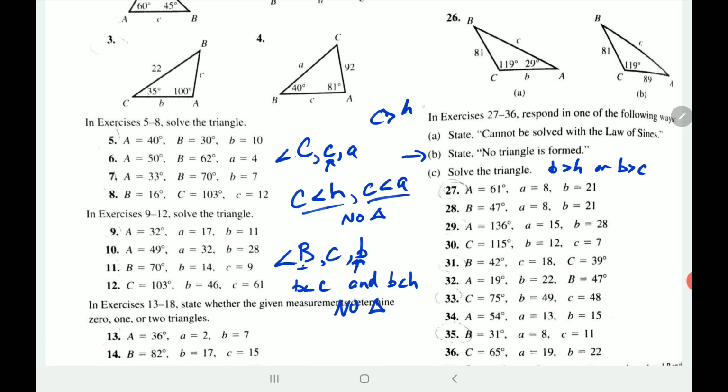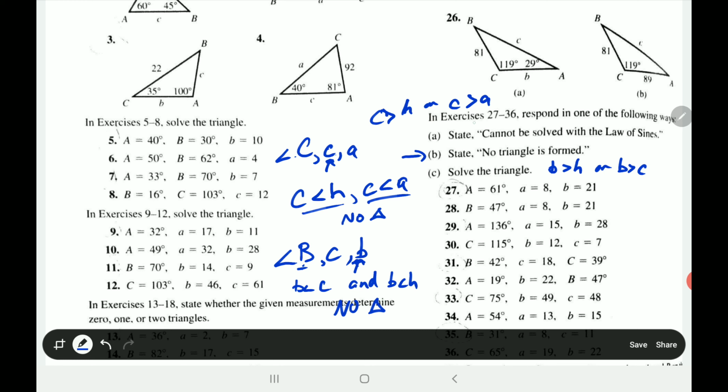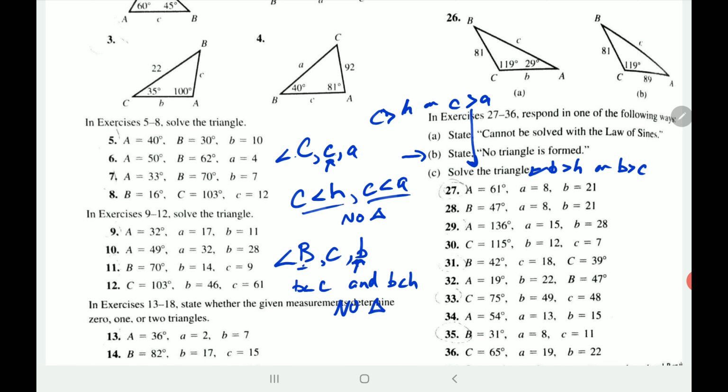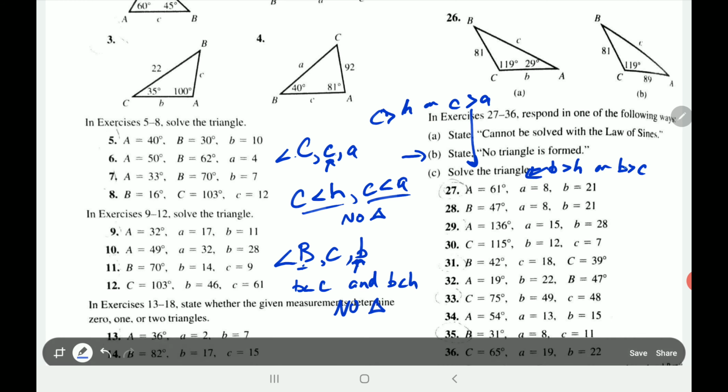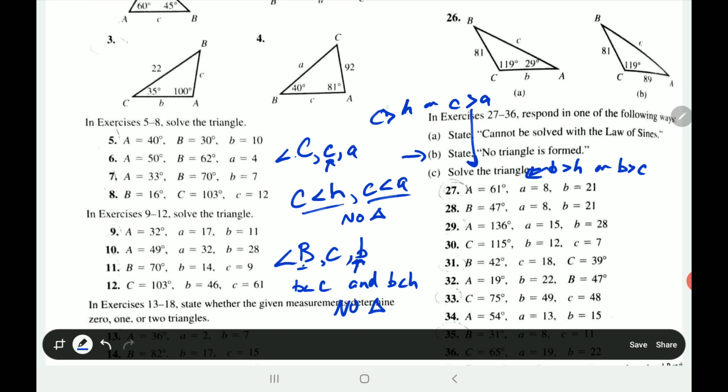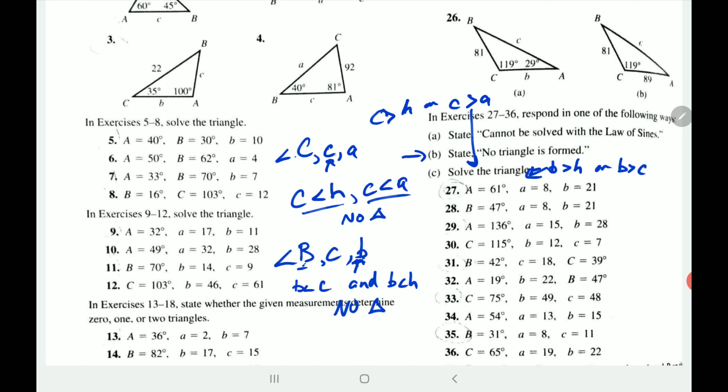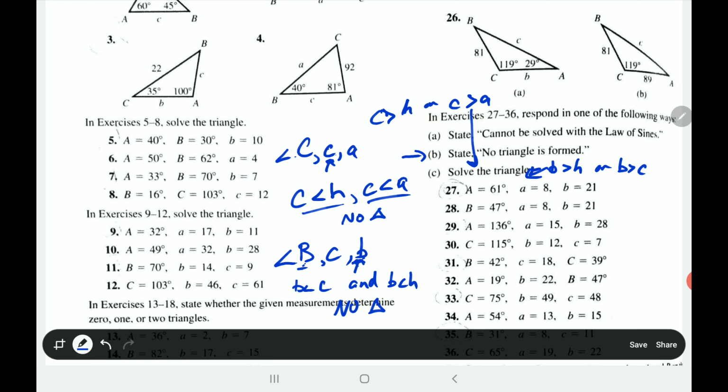Or C greater than A in this case, then solve the triangle. In those cases, if the side they give you that corresponds with the angle is greater than anything, then I'm good to go. And if I have 2 angles, I'm good to go anyway. Okay, if I have 2 angles, no problem. That makes it real easy to solve for.